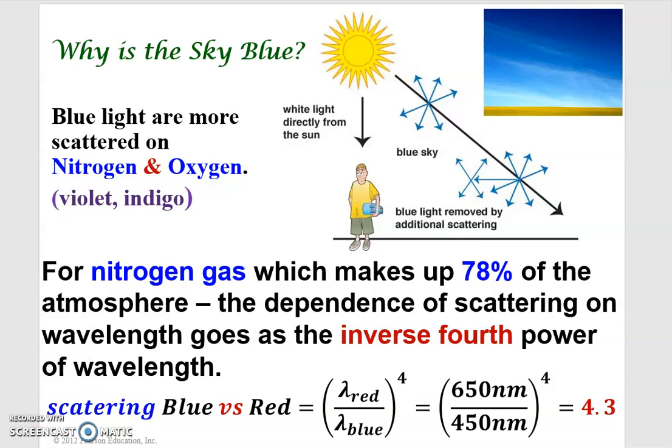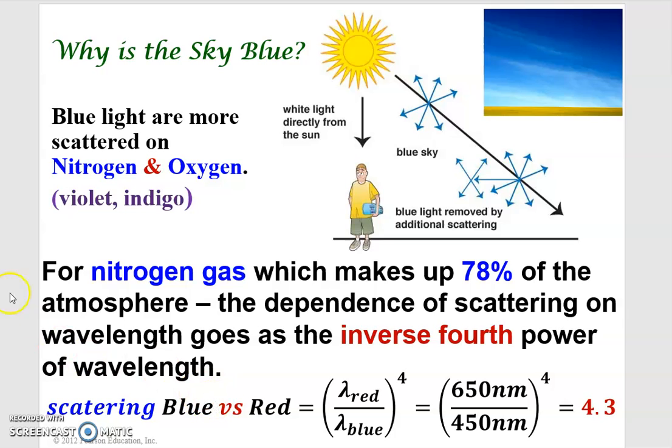So let me make a correction. The blue light is not transparent light for our sky. Instead, it is the frequency of the light that is scattered most. So here I show you a comparison. The probability of scattering between the blue and the red is about 4.3.